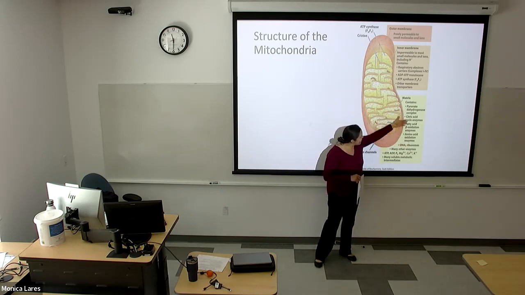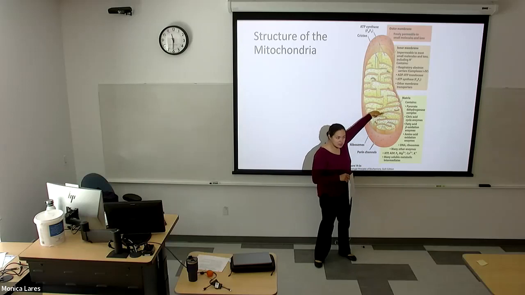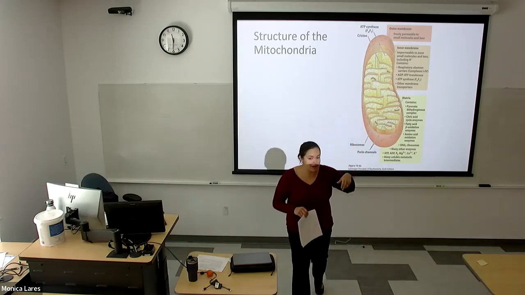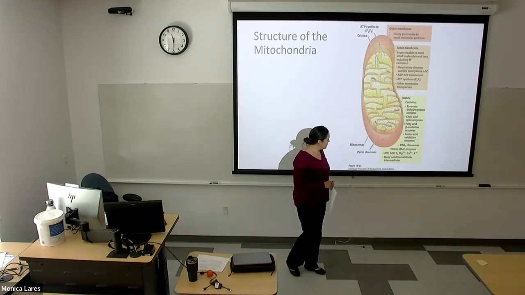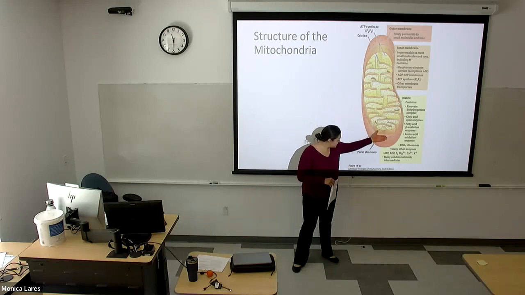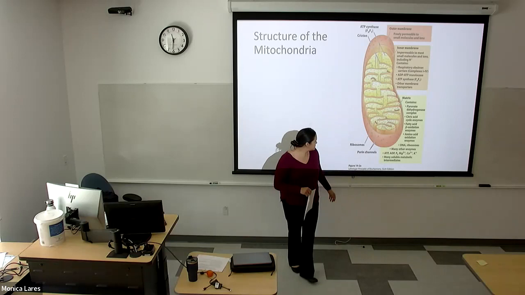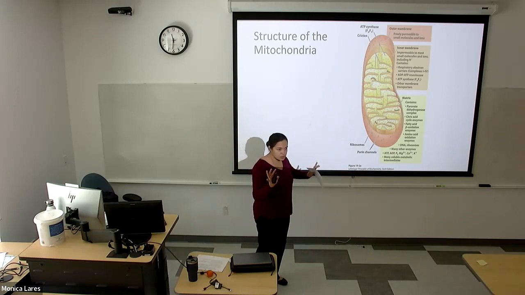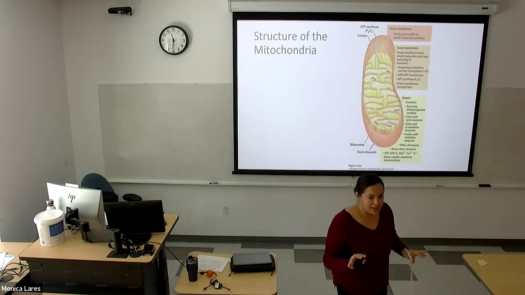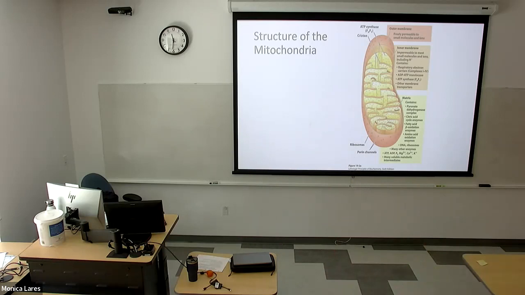Notice most catabolic reactions, the breaking down of our proteins as amino acids, our fats, and the citric acid cycle and pyruvate, are in the mitochondria. The one major catabolic process that's not in there is glycolysis. That's in the cytosol. Many other enzymes, DNA, and ribosomes are in there. Questions about the structure of mitochondria? Just keep it in mind. We've talked about it, but now we're getting more serious.